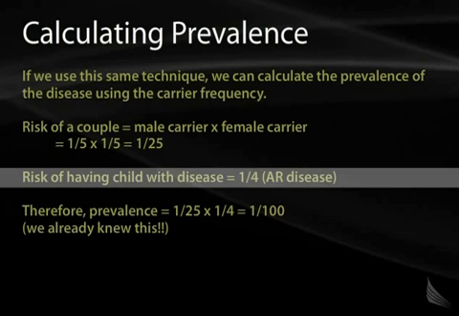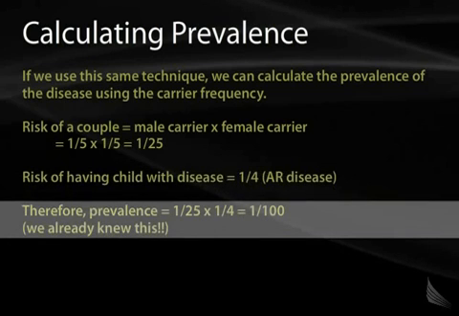Remember, this is an autosomal recessive disease. 2 carriers have a 1 in 4 chance of having a diseased offspring. So what's the prevalence? Well, we take the probability that 2 carriers will become a couple, 1 out of 25, times the risk of having a child, 1 out of 4. And we multiply those together, we get 1 out of 100. Remember that the question said that the disease prevalence was 1 out of 100. So working backwards, we can see that this method is correct.